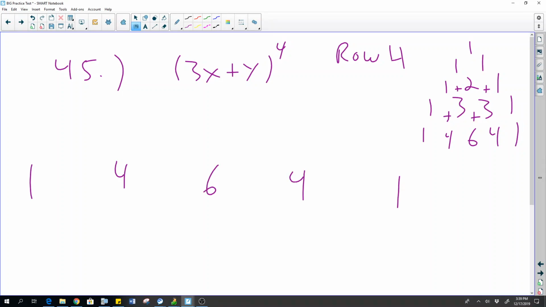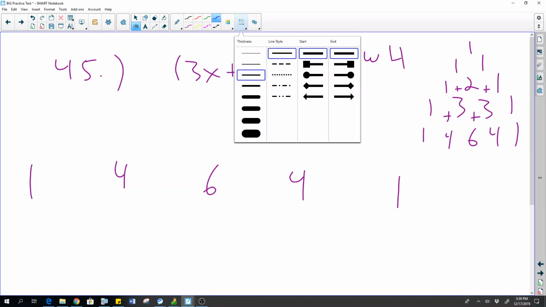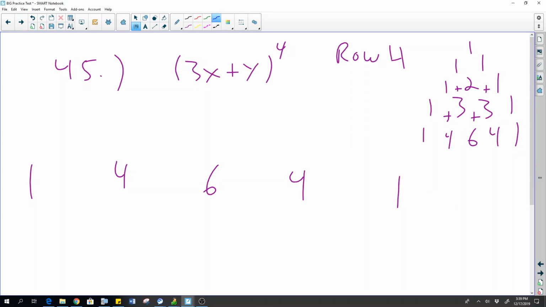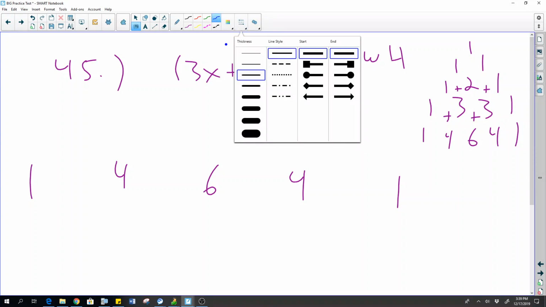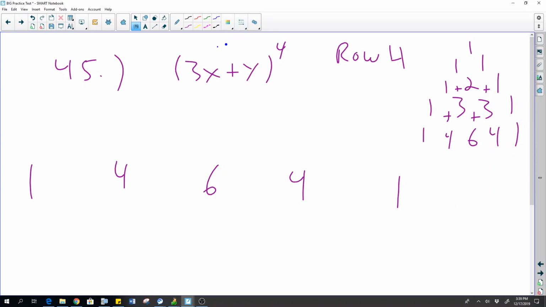Reminding you how to do Pascal's now. So then, do you remember? We take that first term, which is 3x, and we write it over and over again in parentheses. Whoever's listening to this might have to use a blank sheet of paper, because there's not enough room on that practice test to do Pascal's, that's for dang sure.